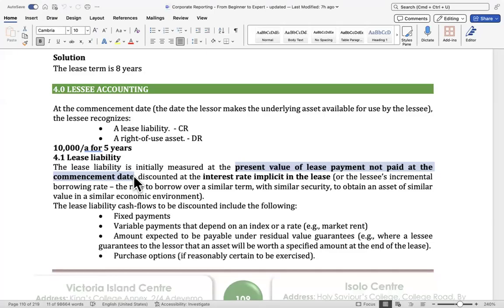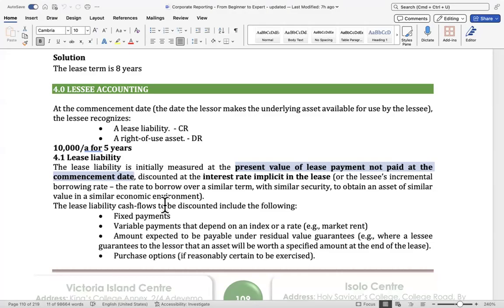So to get the present value, we're going to use the annuity formula to get the annuity factor, which we're going to multiply by the annual amount. So when you have that, you get your lease liability.